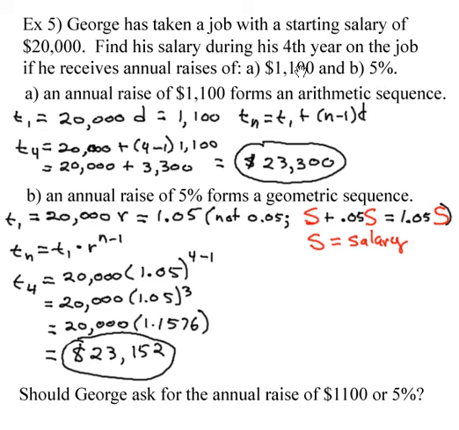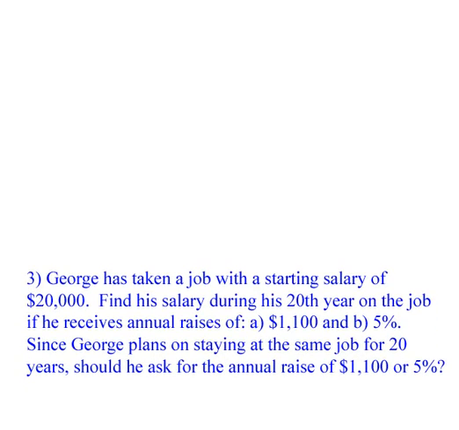Now, some of you are tempted to say, well, George should definitely take the $1,100 every year, because it certainly makes a difference in his salary the fourth year, and it looks like he's losing money each of those years through the fourth year. But before we jump to any conclusions, I'm going to raise this question.